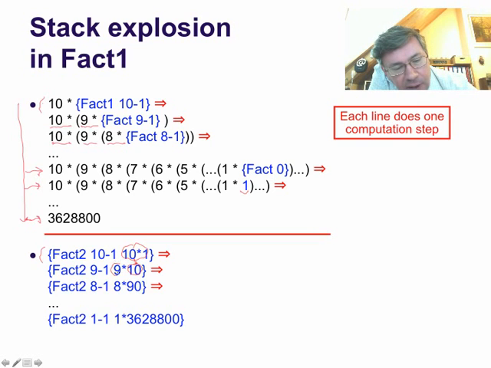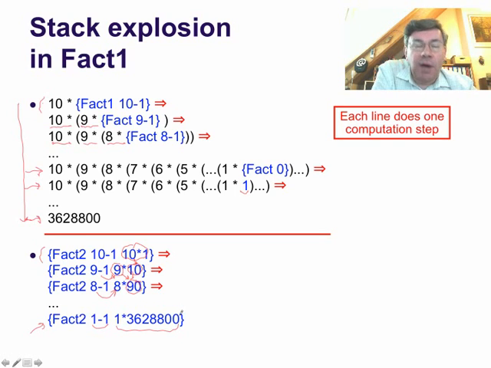And then this 9 times 10 becomes 90. So we continue, and each time we take a piece of the previous number and multiply it with the accumulator, and eventually we come up with fact 2 of 1 minus 1 and 1 times this final result. And this one will be 0, and eventually we come up with the final result.